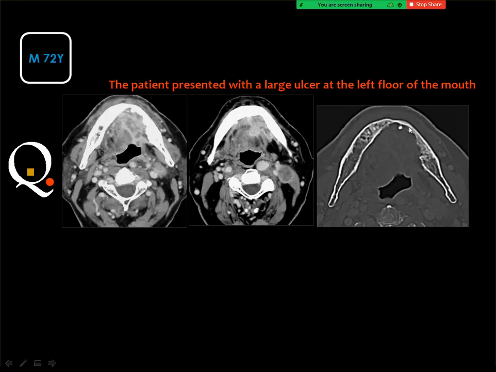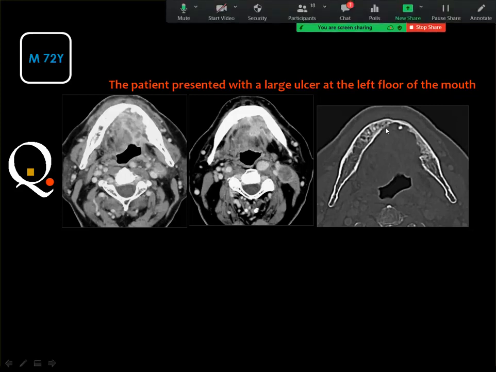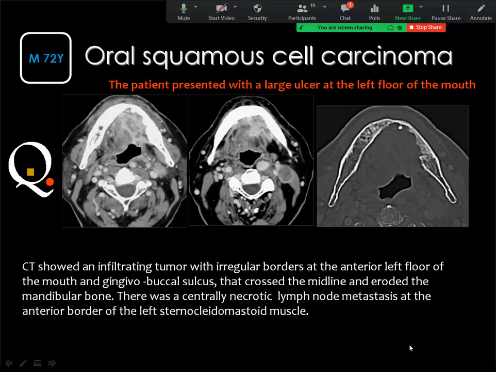You see how much the destruction and the erosion of the inner mandibular cortex with infiltration by this heterogeneously enhanced mass. I said you should consider carcinoma in these particular locations unless you have good evidence of inflammation. Also, you can see this necrotic lymph node, which represents a metastatic deposit from this mouth floor carcinoma.